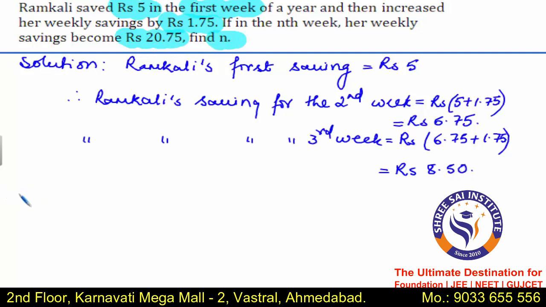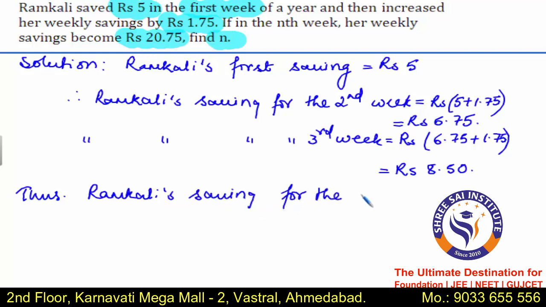Thus, Ramkali's saving for the consecutive weeks is given by: first week her saving is 5, then 6.75 in the second week, and the third week her saving is 8.50.